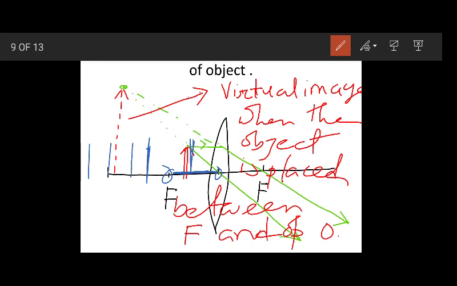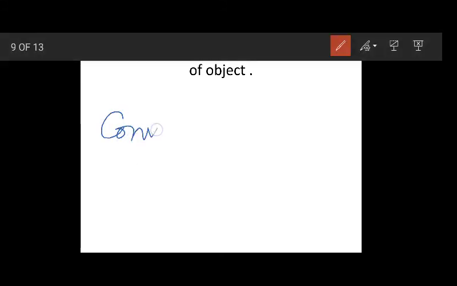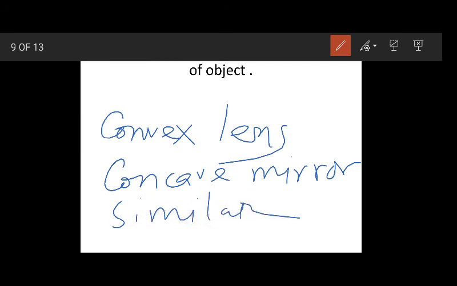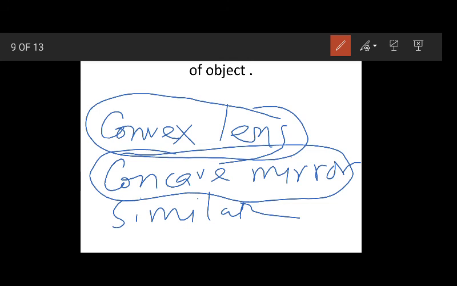It is similar to a concave mirror. I mean, convex lens and concave mirror are similar in the sense of image formation, because in the convex lens both types of image may be formed, and also in a concave mirror both types of image may be formed.